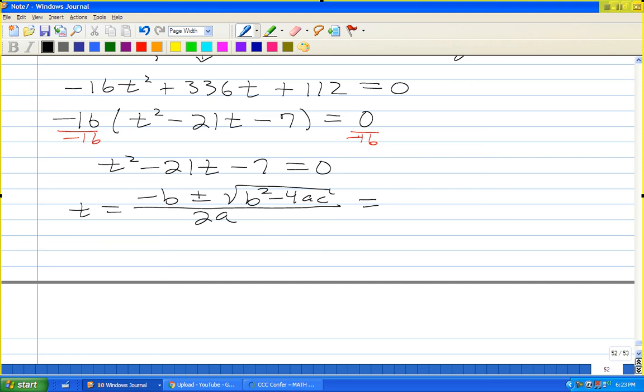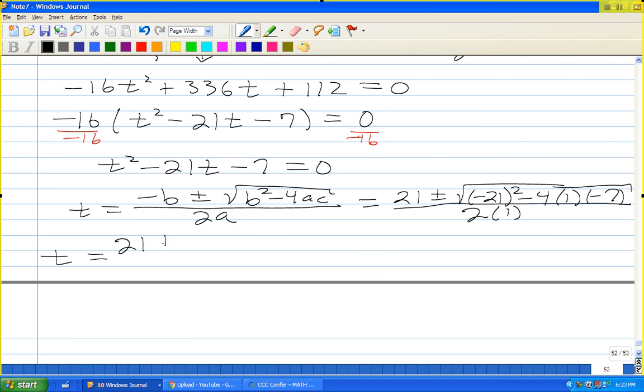So I have that t is equal to 21 plus or minus the square root of negative 21 squared, 441, minus 4 times 1 times minus 7 is a positive 28, all over 2.